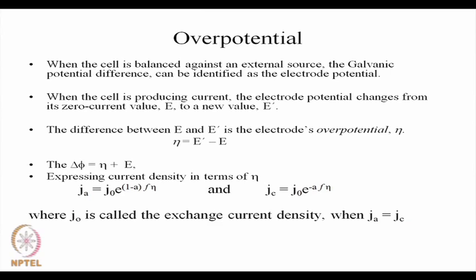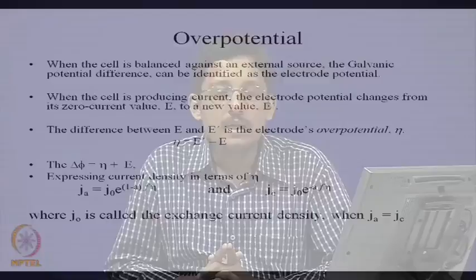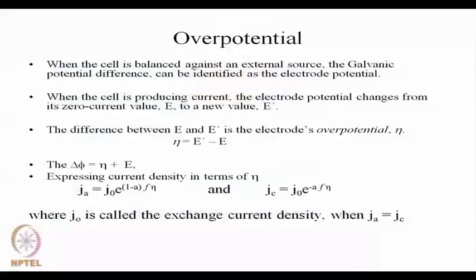In that case you have to have the cell balanced exactly, so that with the internal potential and the external potential balanced, the current flowing is 0. Okay. So, under that condition perfect reversibility is reached, and the corresponding galvanic potential difference can be written as the electrode potential. Okay. So, that is the specific condition you have to think of whenever you try to find the electrode potential.